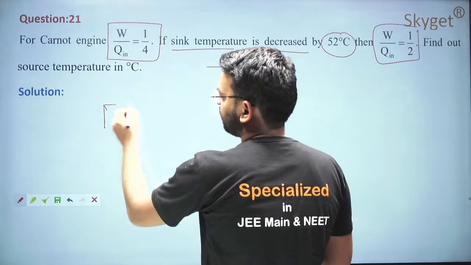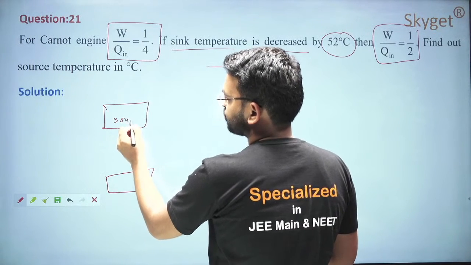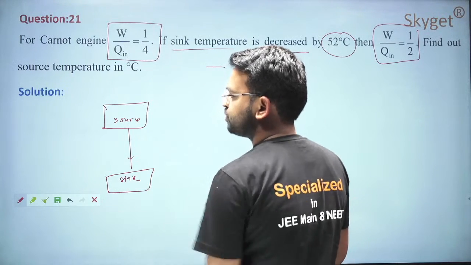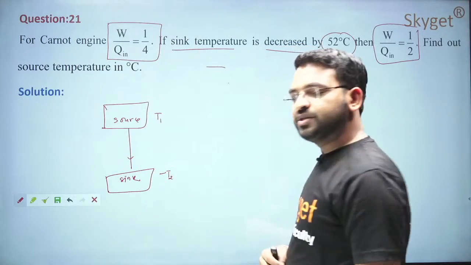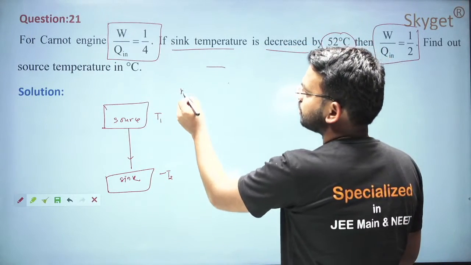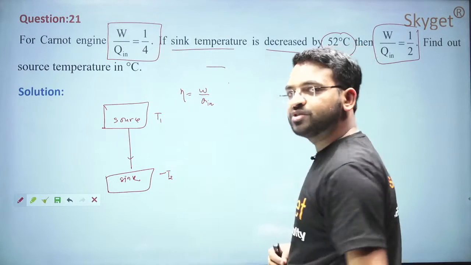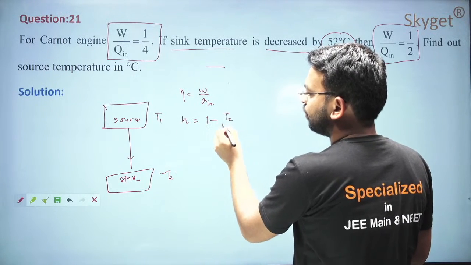So what is the meaning of source and what is the meaning of sink? For example, let's suppose this is my source and this is my sink, and your Carnot engine is working between these two. If this is your T1 and this is your T2, then the efficiency of the Carnot engine is given as total work done over total heat supplied, or in other terms you can write it as 1 minus T2 over T1.